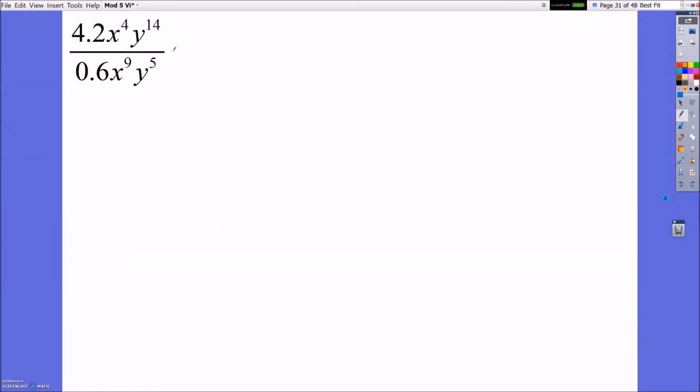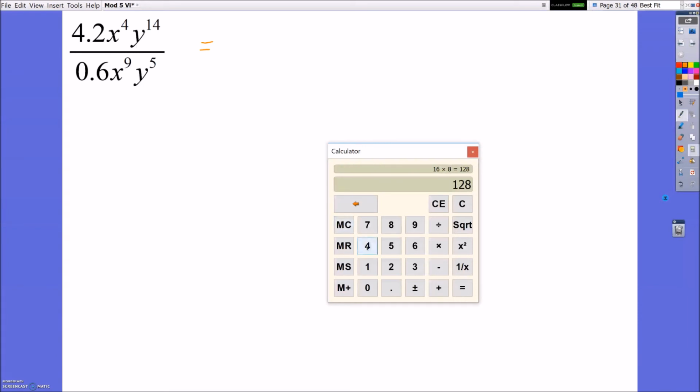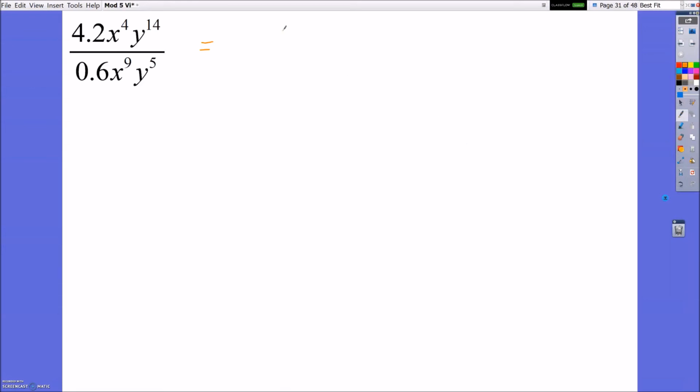All right. So now on this one, I'm going to try to simplify this. We have a decimal. We can bring up a calculator and just do 4.2 divided by 0.6, and I get 7. So on my numerator, I'm going to have 7. Now I want you to realize I have more x's on the denominator than the numerator.